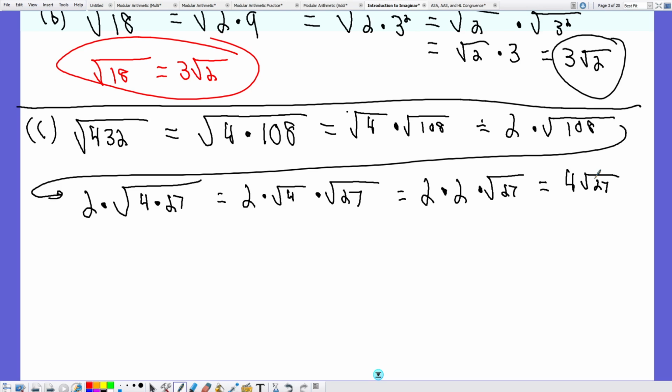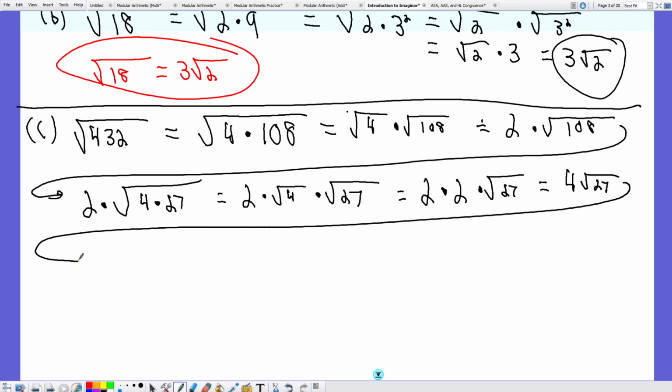But hopefully we see 27 can be broken down as well. So 27 is the same thing as 9 times 3.